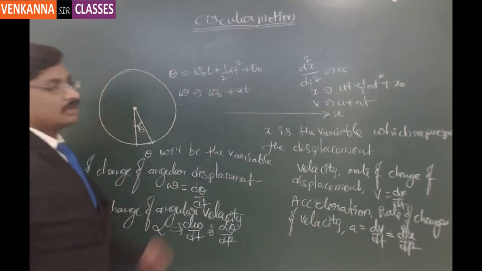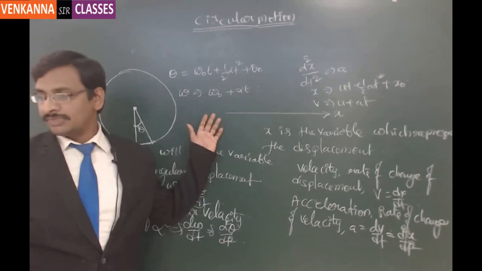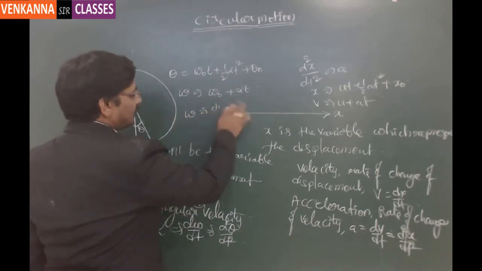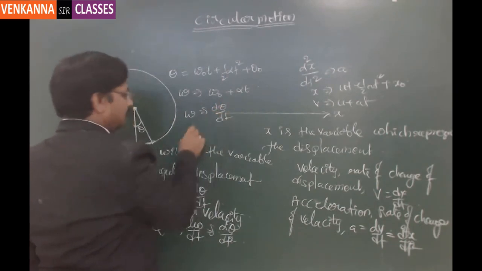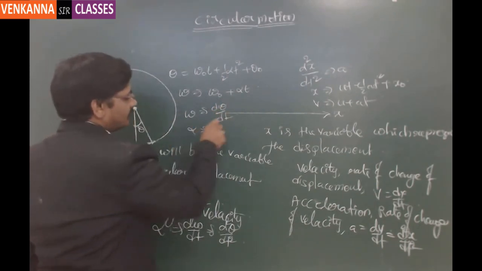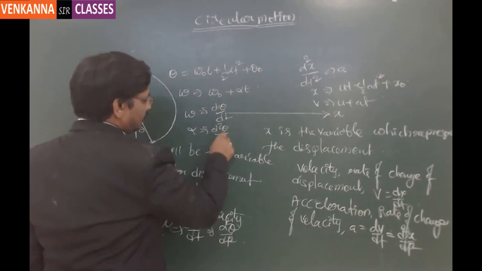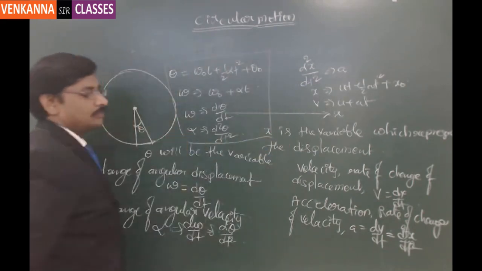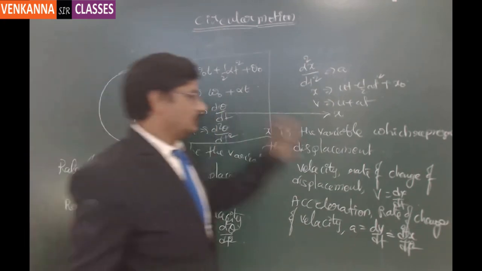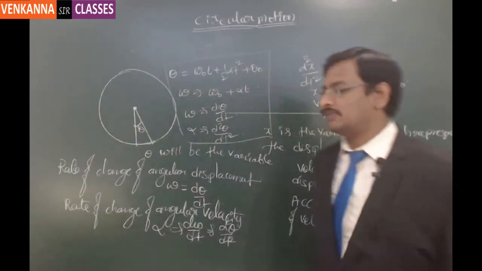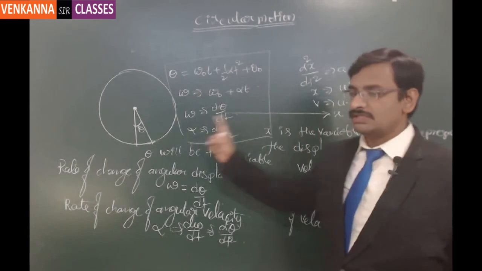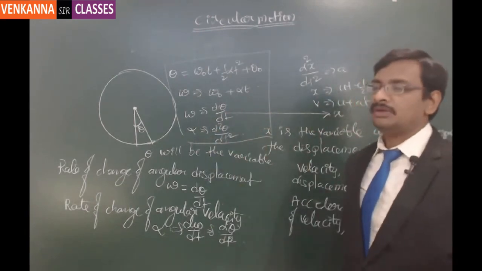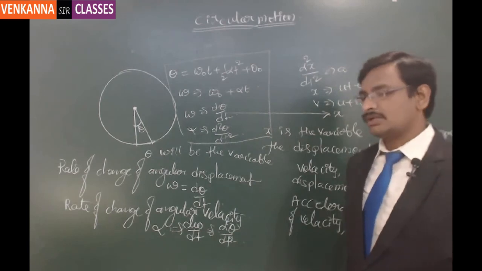Omega can be written as d theta by dt, and alpha as d square theta by dt square. So this is a one-to-one correlation between rectilinear motion and circular motion, and these are the things we have to talk about in circular motion.